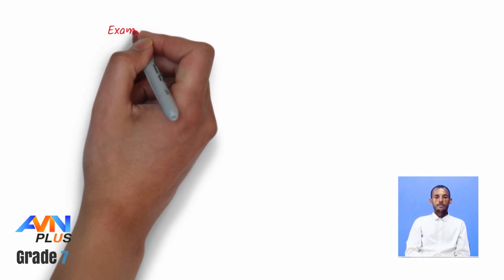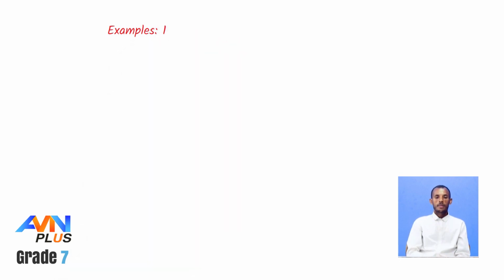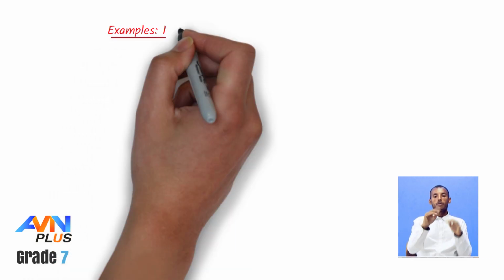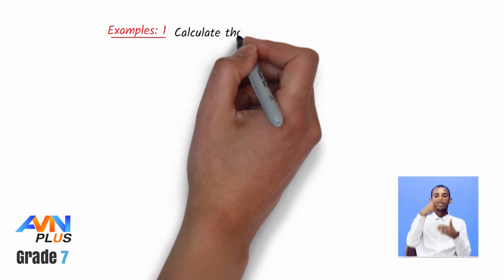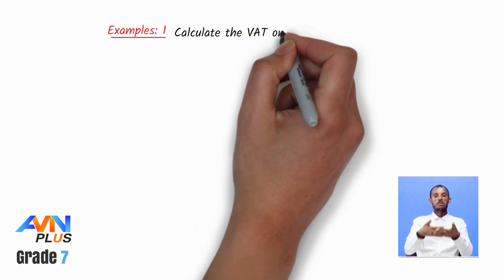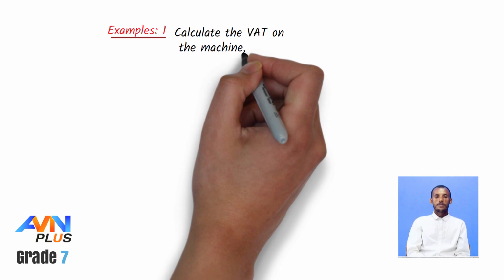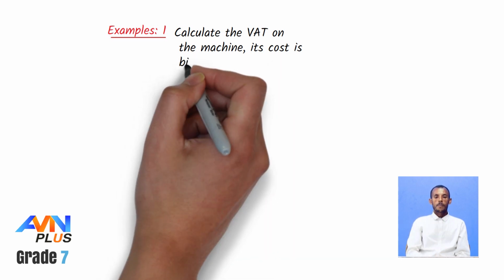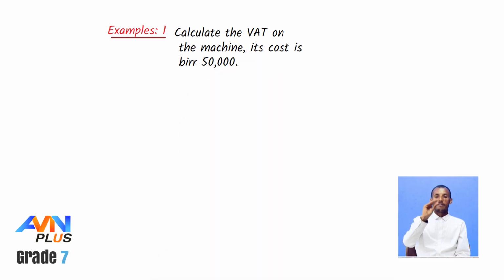Example 1. Calculate the amount of VAT on the machine whose cost is birr 50,000.